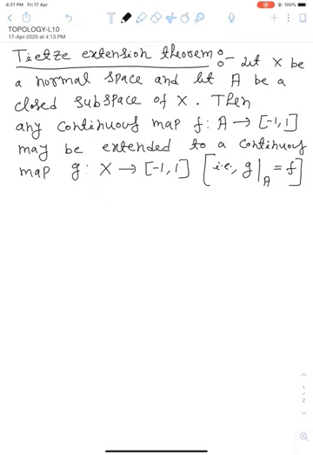Now to prove this theorem, first of all we need the Urysohn lemma. So what is the statement of the Urysohn lemma?